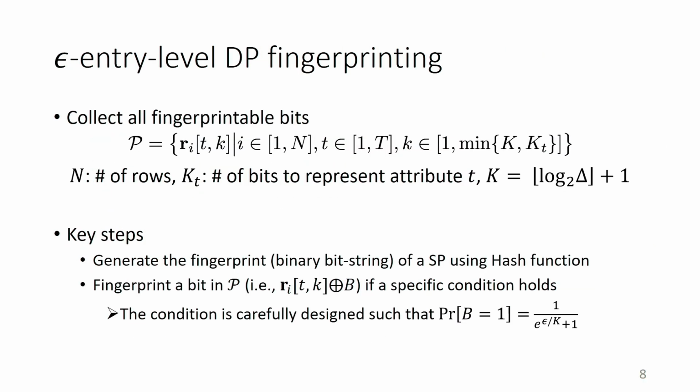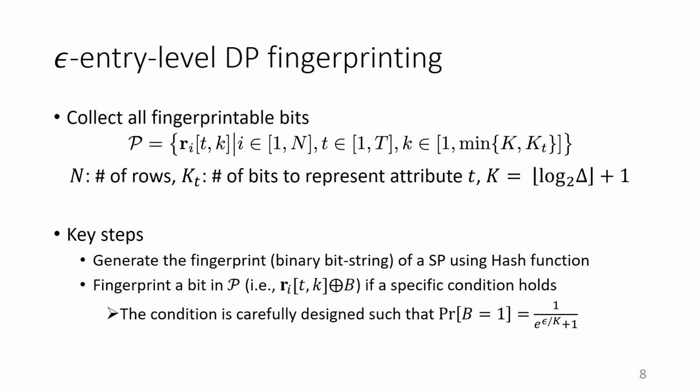Then here is our epsilon entry-level DP fingerprinting scheme. We first collect all the fingerprintable bits in this set. These are essentially the collection of all the last k bits of all the data entries, where n is the number of rows, and k is just shown in the previous slides. The key step of this scheme is to first generate a fingerprint, which is a random binary bit string, using some hash function.